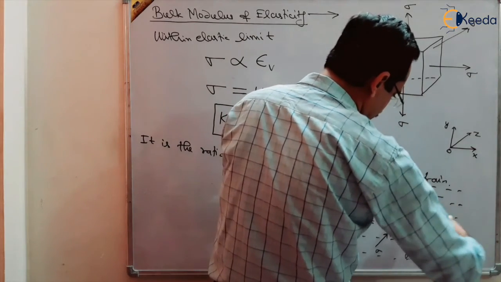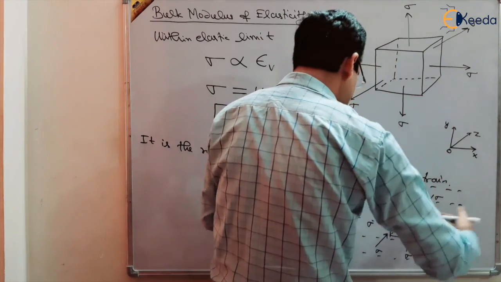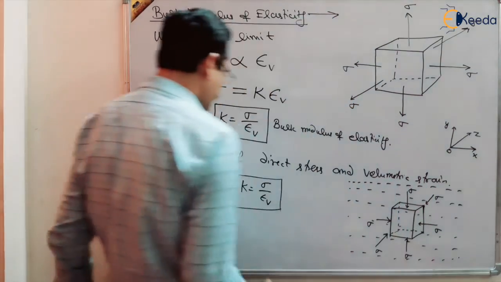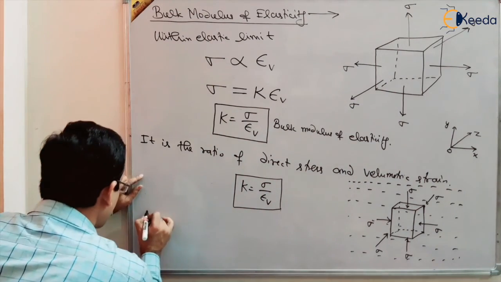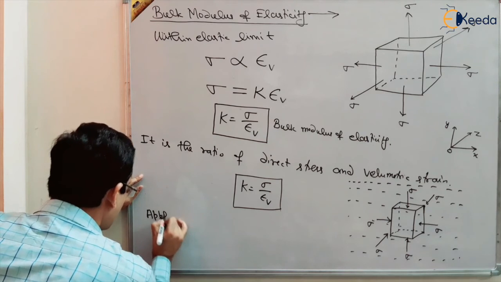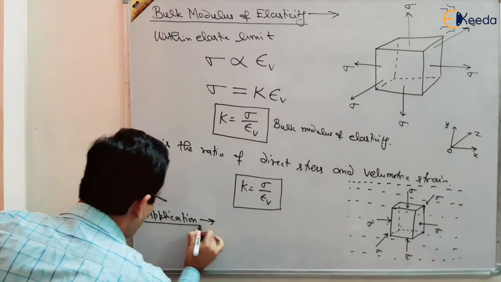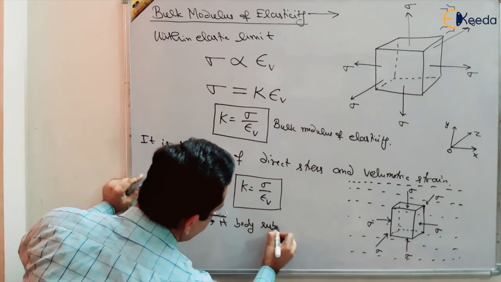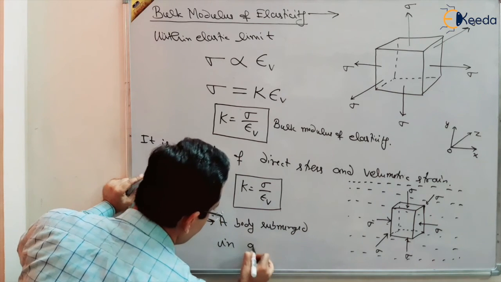The liquid will try to compress the body from all directions, and Pascal's law says that the stress will be equal in all directions. So this application you will find in a body submerged in a liquid.